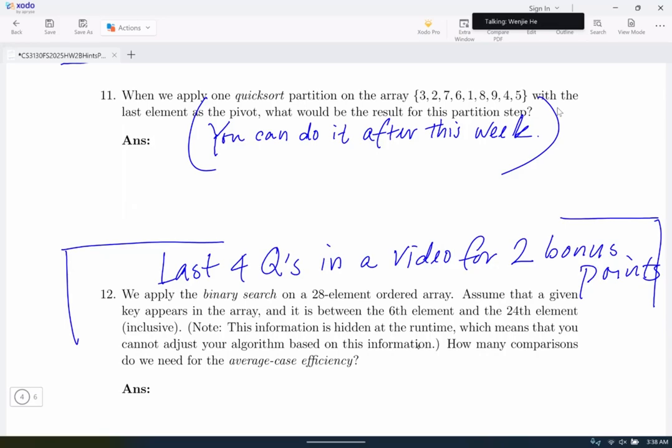I mentioned last time, number 11 is a very easy question. I do not need to say much about this one.